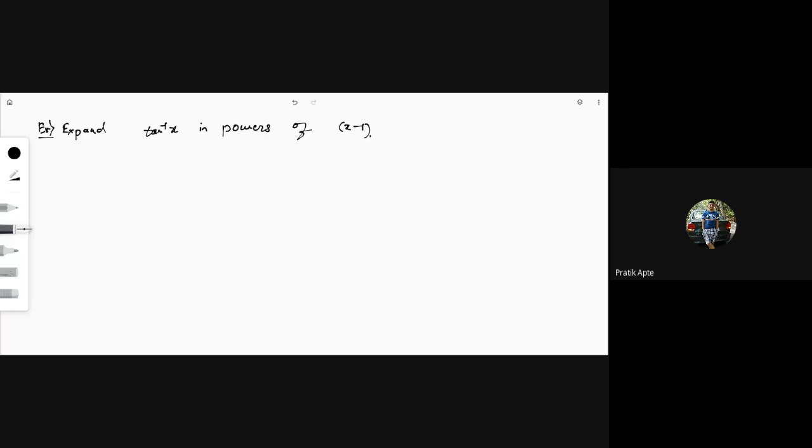Sir, the second term should be plus, right? Pi by 4 plus x minus 1 by 2 minus x minus 1 square by 4, plus 1 by 12 into x minus 1 cube. This is plus?